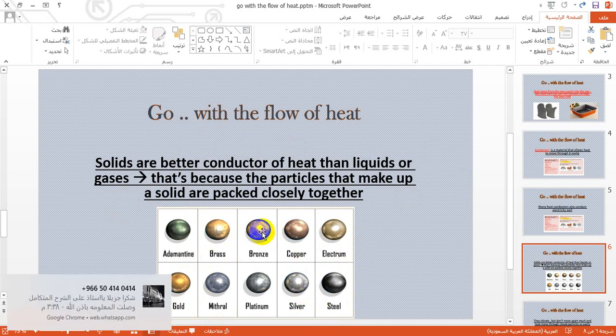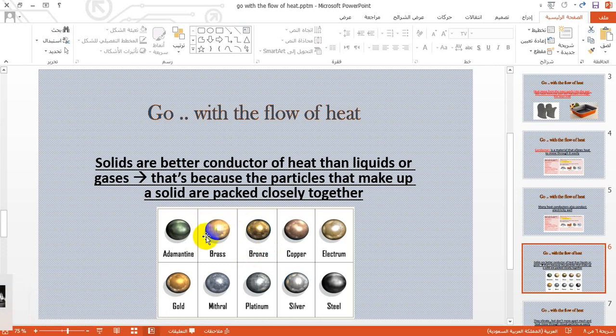So there are so many materials that are considered conductors. Conductors means the materials that help the heat to move fast, like these metals.